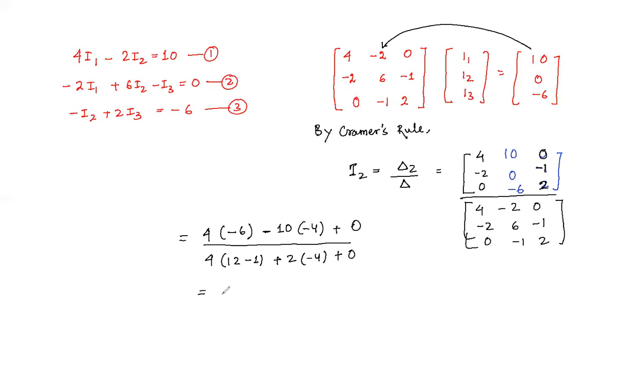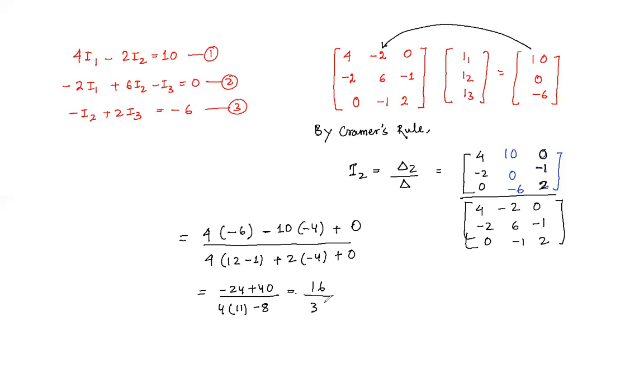So finally we are going to get 4 into minus 6 is minus 24 plus 40, divided by 4 into 11 minus 8. So 40 minus 24 is coming out to be 16, right? 40 minus 24 is 16 here, divided by 44 minus 8. 44 minus 8 is 36.